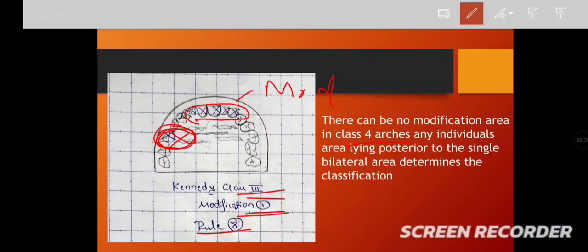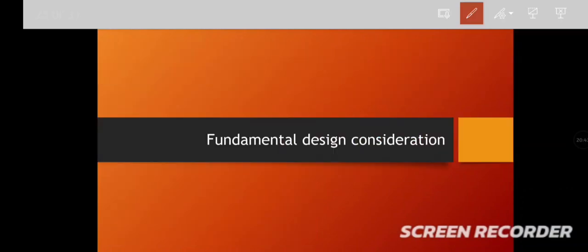Next, fundamental design considerations for the RPD. It is very important to select the design because it will connect the hard tissue with the soft tissue, that is, teeth and residual ridge. As we all know, teeth are connected to the surrounding bone via the thin periodontal ligament.